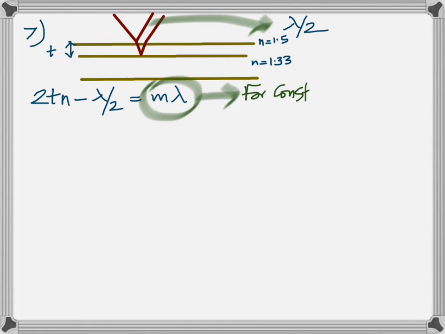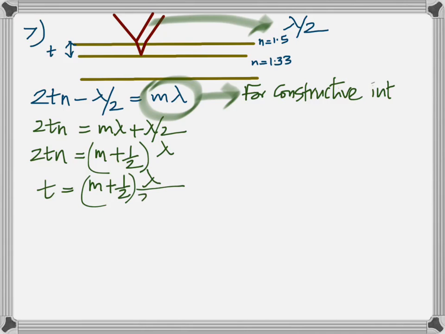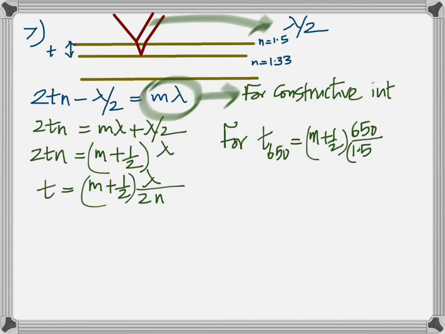And it's asking for the strongest, so you go for constructive interference, or it says enhanced reflection, and now it's just a matter of calculation. Minimum thickness, so you go for the minimum value of m. And they're giving you two wavelengths here, one for red, the other for violet.